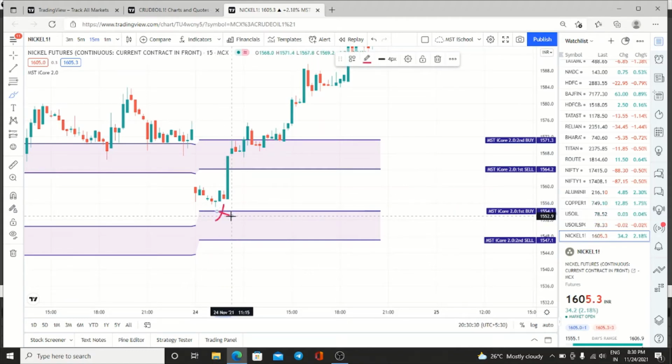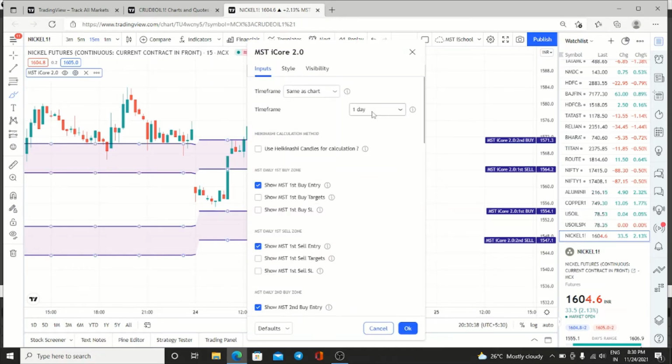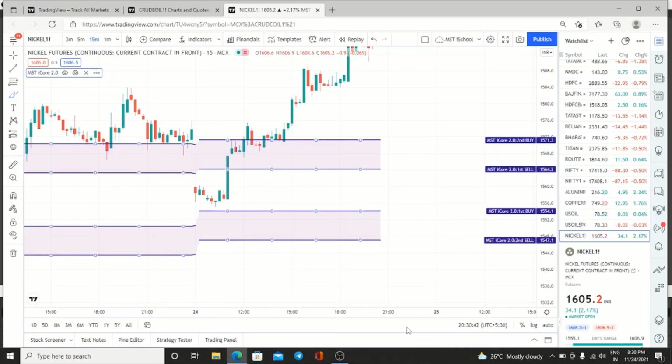If you are a risky trader, even with 1 point you can take it. Otherwise, you can go here and select the 4 hours time frame and just check. This happens only 1 or 2 days, not every day. Suppose the market is struggling not to come down.